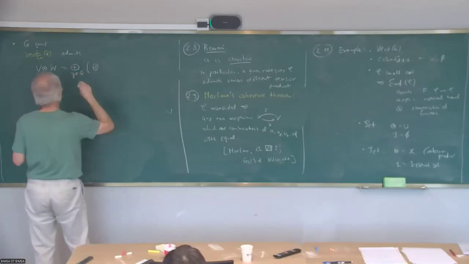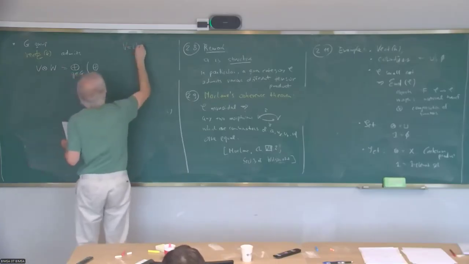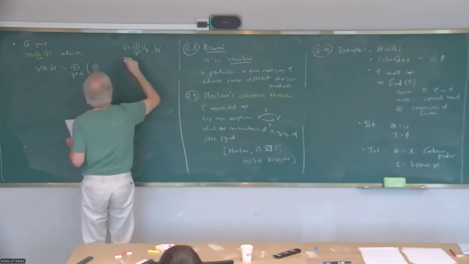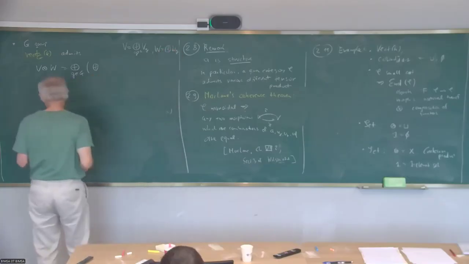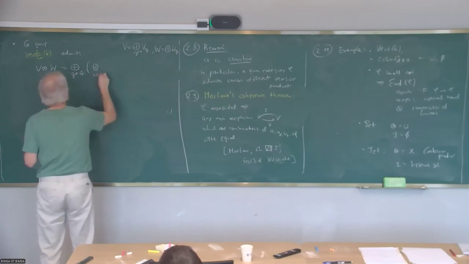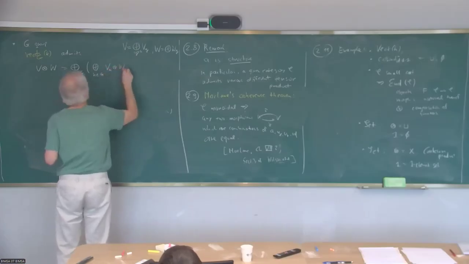And then the G graded part, so V is G graded, with components V_g and analogously for W. And then we have here the sum over all h, and then V_h tensored with W_{h inverse g}.